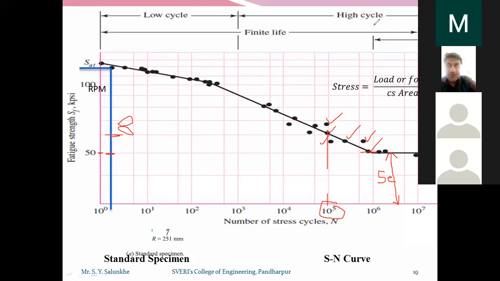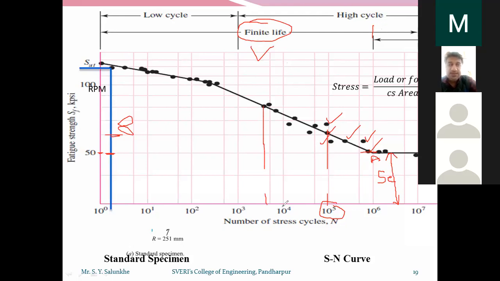Up to this point, we'll call it point A, the cycles which that specimen can sustain are called the finite life of that specimen. So up to point A, if you provide the stress, you will come to know after how many cycles that specimen is going to fail.